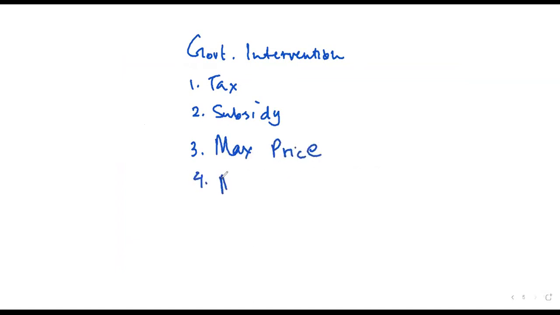Number 4, we are talking about minimum price. And we are then also talking about buffer stock, which is another way altogether.